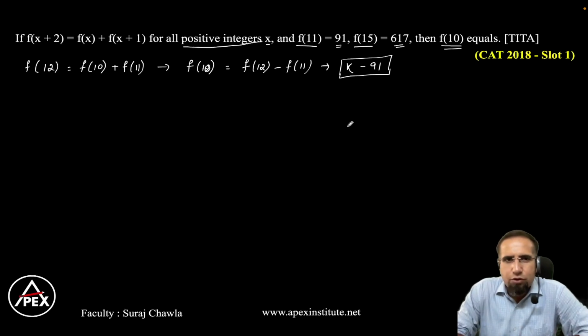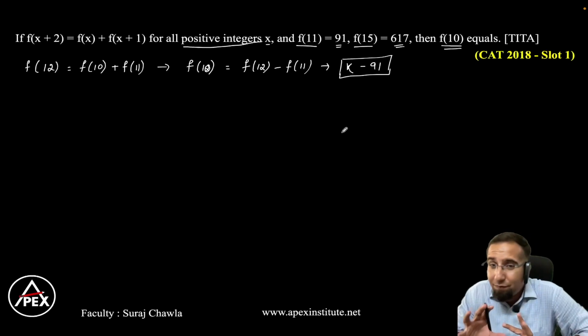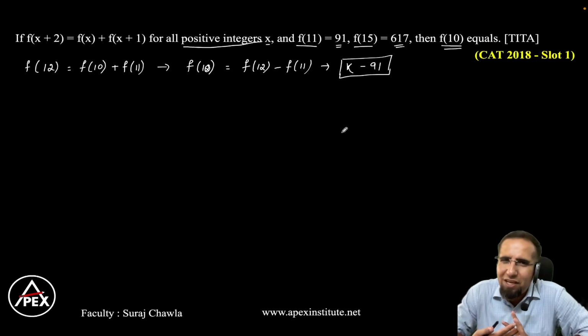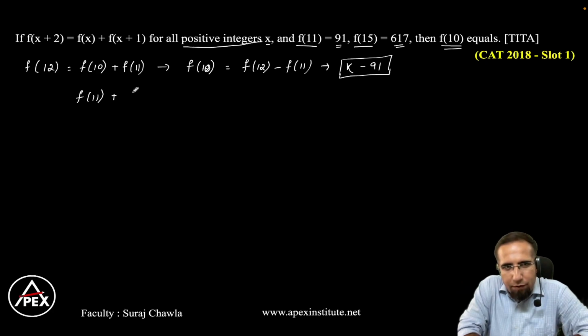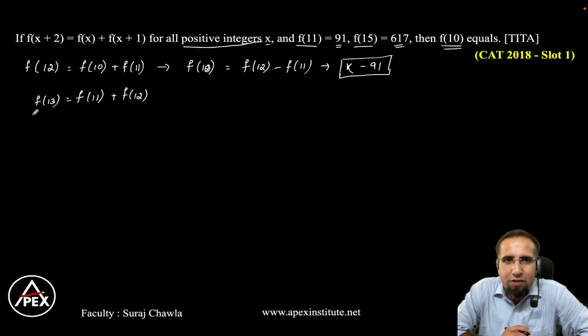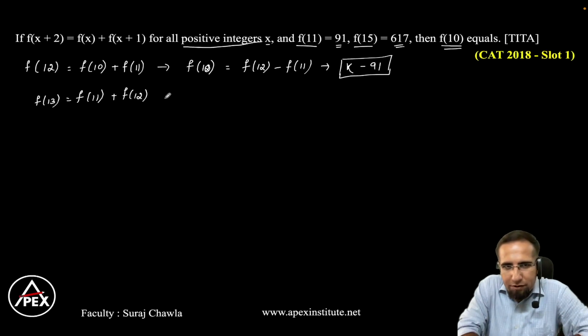Now since I'm given f(15) as well, we have to use f(15), right? So let's move forward. Let me replace x is equal to 11. If I replace x is equal to 11, f(11) plus f(12) is equal to f(13). Now what is f(11)? We know that f(11) is equal to 91, f(12) is equal to k. So we get the conclusion that f(13) is equal to k plus 91.